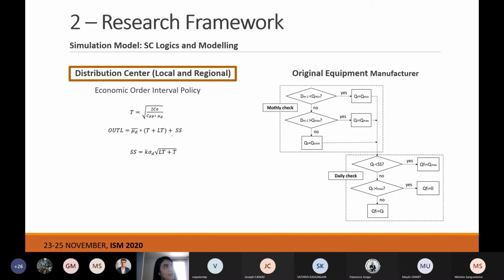A proper inventory policy has been defined, considering periodic reviews and a variable order quantity. Moreover, the safety stocks vary and depend on the service level.